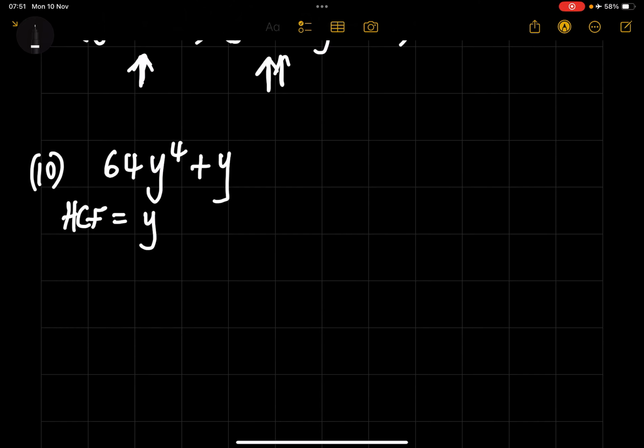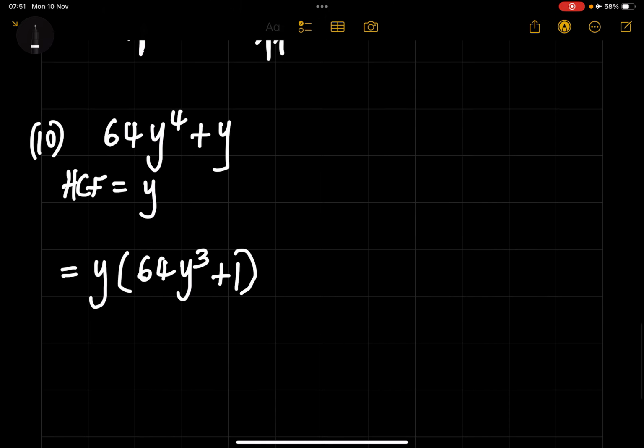So we take the y out, and we're going to have y times 64 y cubed plus 1. And then we need to recognize that there's a sum of 2 cubes in the brackets.